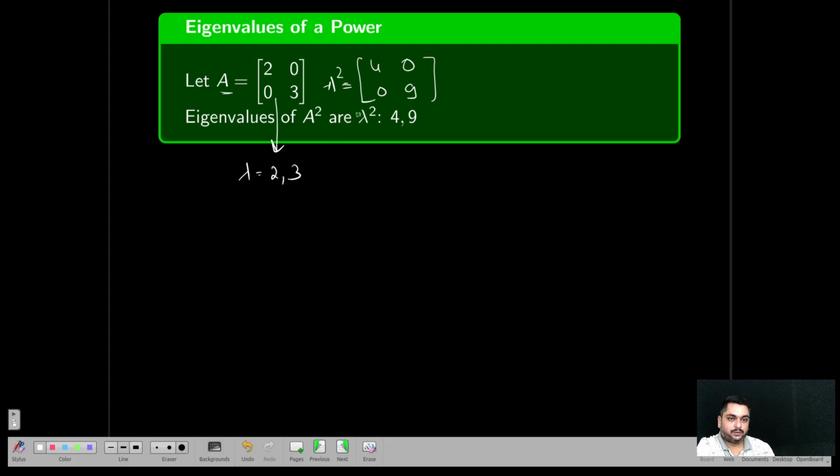That is, eigenvalues are 2, 3. When I square it, I will get lambda square. So it's confusing. Let us write the new lambda values. Then it becomes the square of this: 2 power 2, 3 power 2.